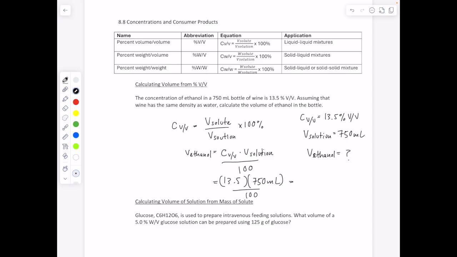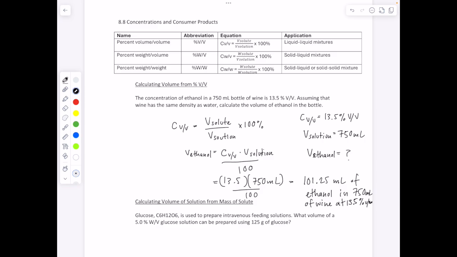If we leave the volume in milliliters, our answer will be in milliliters. And we end up with 101.25 milliliters of ethanol in 750 mils of wine at 13.5% volume per volume.